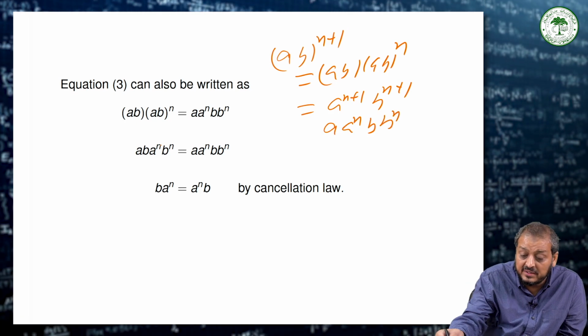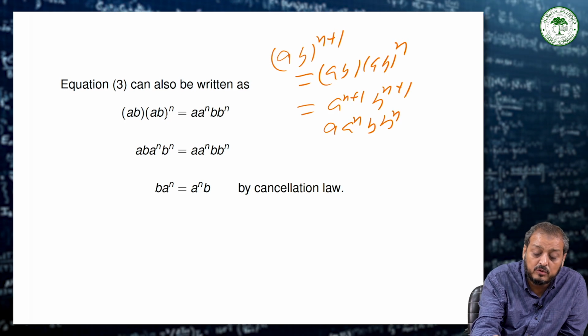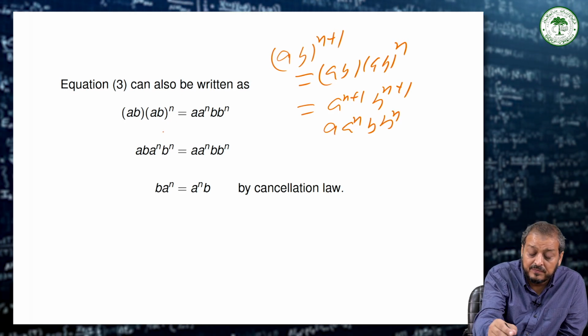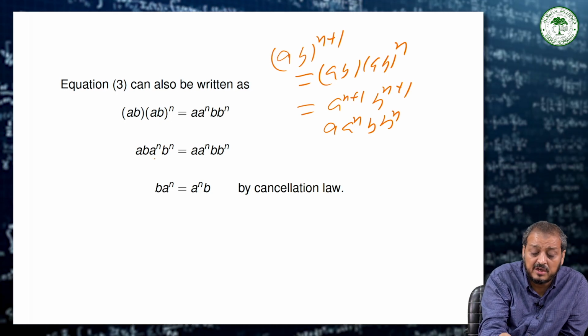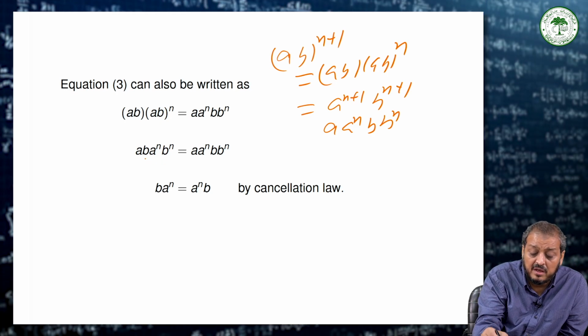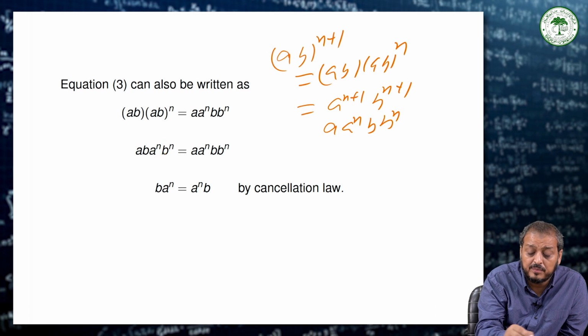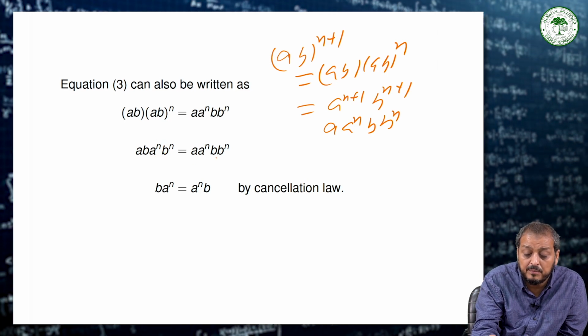Now by the given condition, (ab)^n is the same as a^n b^n, so the left side can be written as a b a^n b^n.